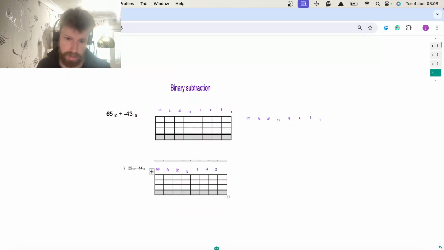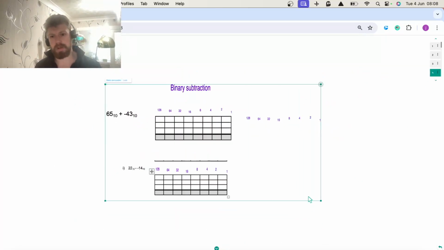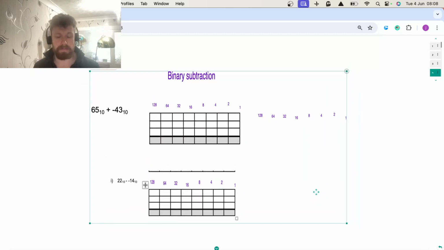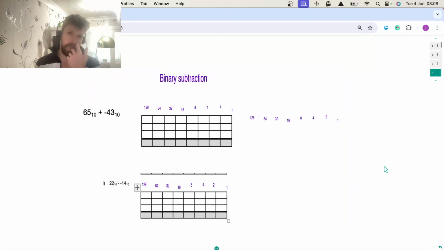Binary subtraction. Now, this is going to use a lot of the same rules that we've actually already done. So binary subtraction essentially works with the principle that if we add a negative number, we get the same result as if we take it away. So you don't have to learn any different rules. It just has one extra step in it where you have to 2's complement it.